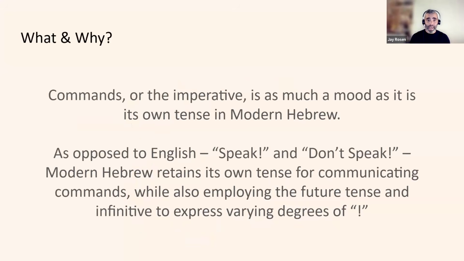It's not necessarily its own tense. For those of you who have a little bit of linguistics behind you or know other languages, think of this like the subjunctive, where you're hoping for something, wishing for something, negating something, commanding something, or disliking something. That's what we mean when we talk about a mood, versus a tense. A tense has its own conjugation.